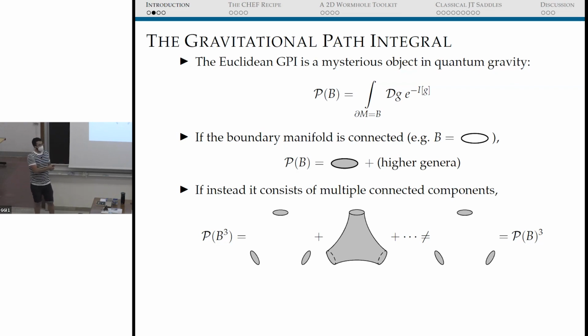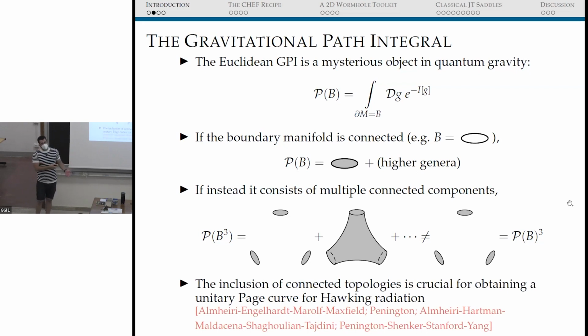And so in general, the path integral over manifolds will give us something different when we have multiple connected components from what we would get if we just took some power of the path integral. This has remarkable consequences that are very interesting when we are computing, say, von Neumann entropies.